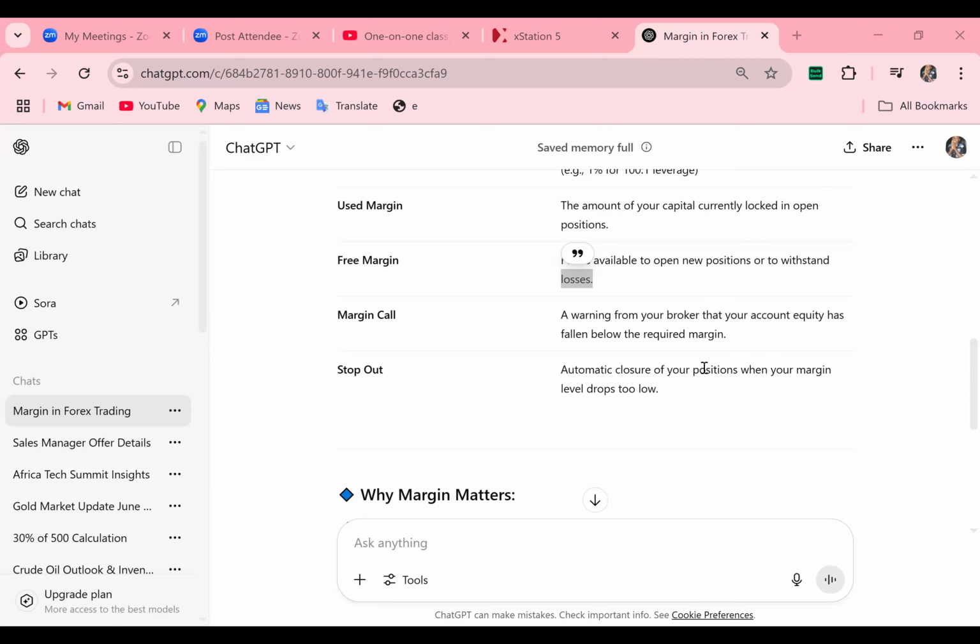Now, what I'm saying is this. If you place a trade and you monitor your margin, you see how much the broker took from you.